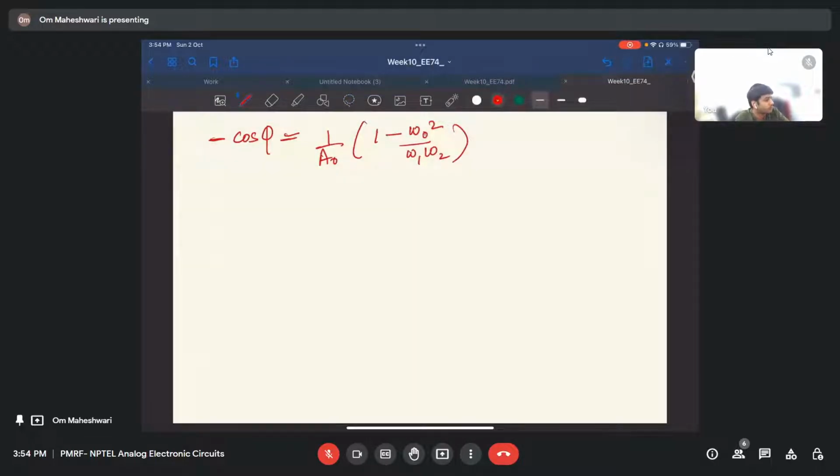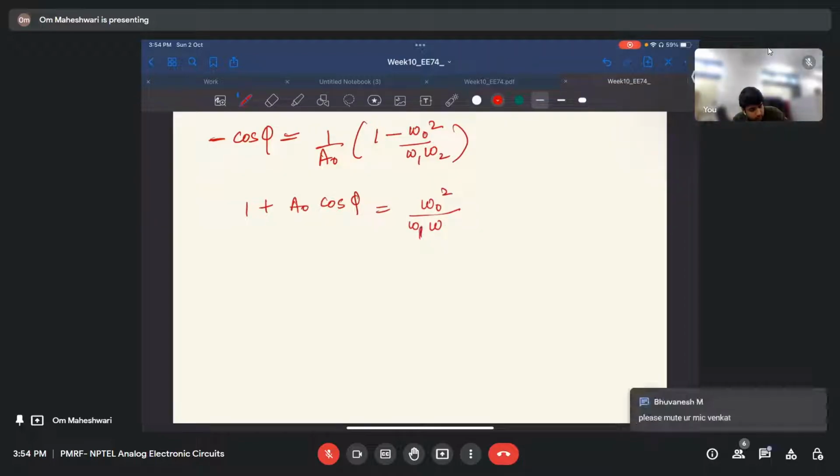So, 1 plus a naught cos phi equals omega naught square divided by omega 1 omega p1 omega p2. I'll just rearrange this equation.